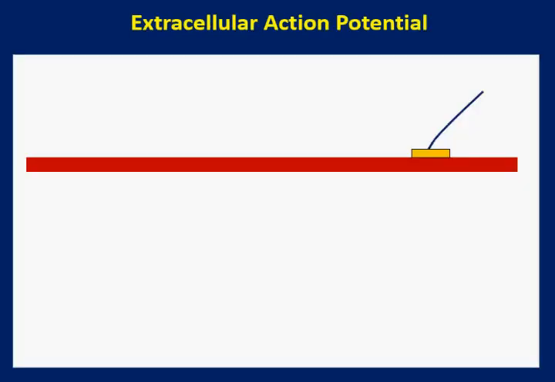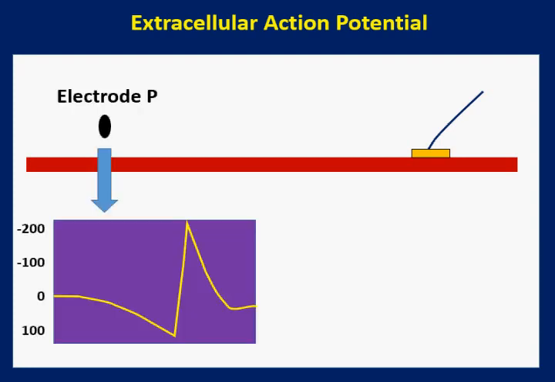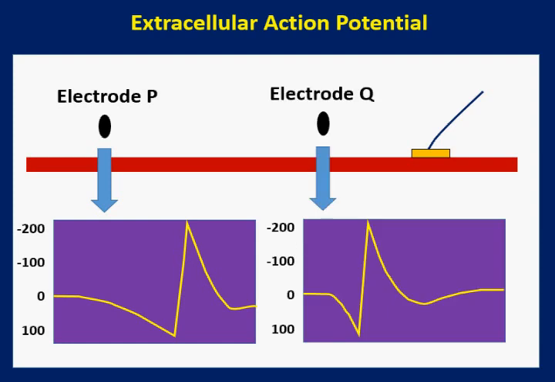Let us consider a muscle fiber action potential recording by two electrodes, P and Q, that are at different distances from the end plate. When the muscle depolarizes at the end plate, both electrodes register this event as a positive voltage.